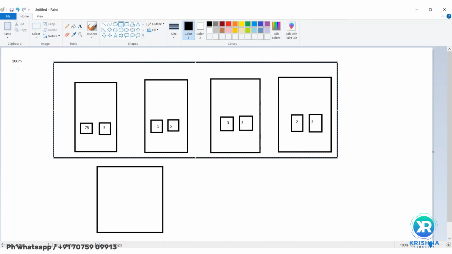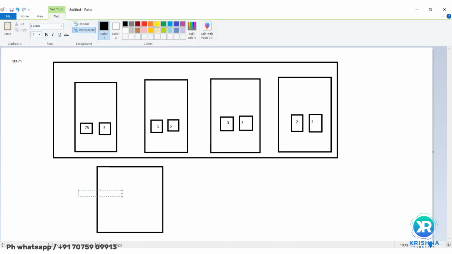To load into a single node system, how much time will it take? 100 seconds.